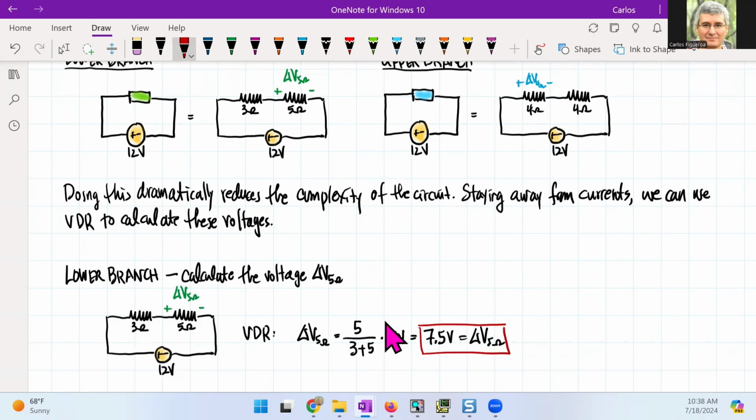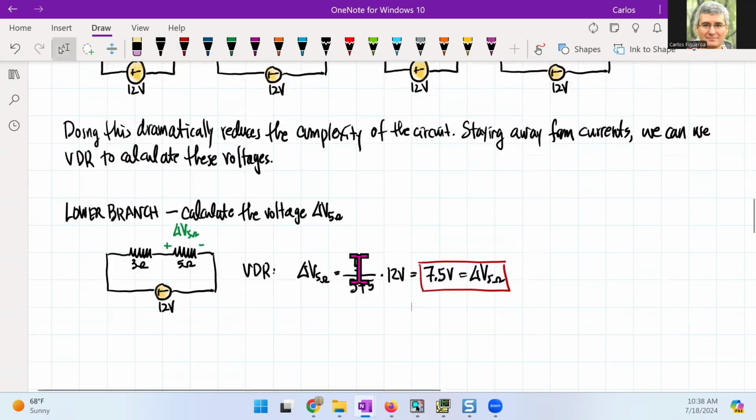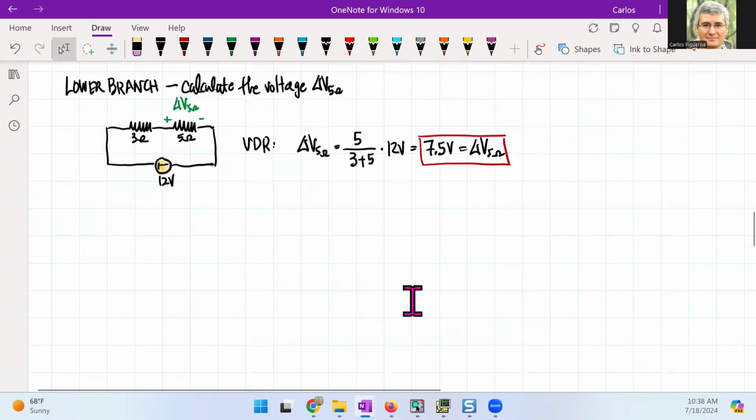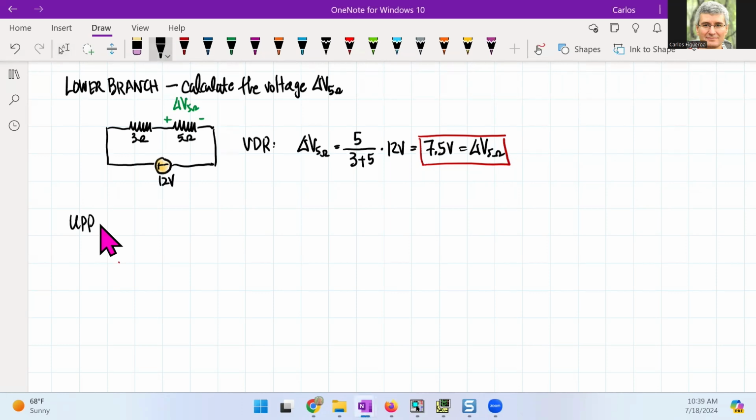Now, if I go to the upper branch, I'm going to get this guy. Doing the upper branch now, we want to calculate delta V 4 ohm and current through the 6 ohm.